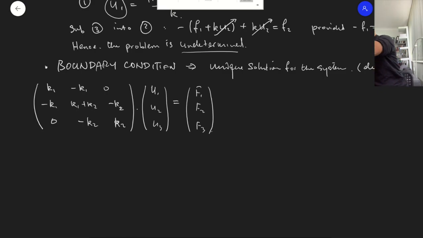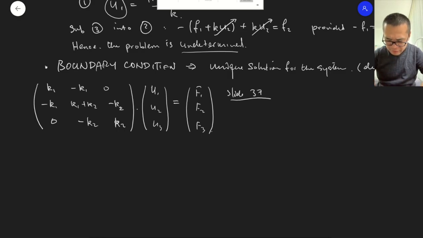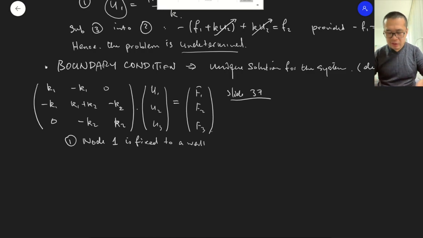Now, as you can see in slide 37, we have given this some boundary conditions to solve, right? For example, the first condition is that node 1 is fixed to a wall. Now what does that mean?